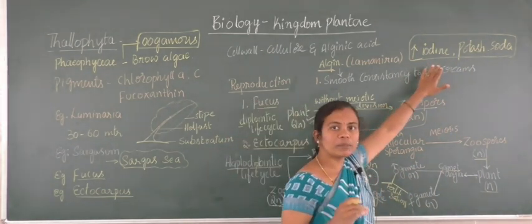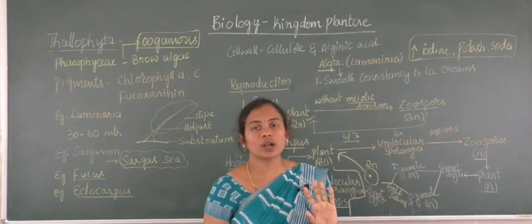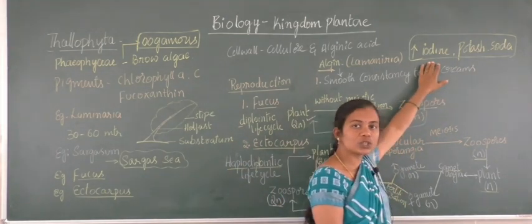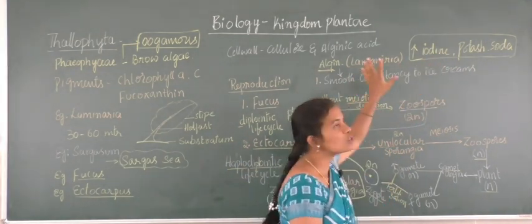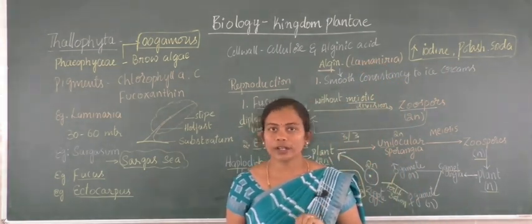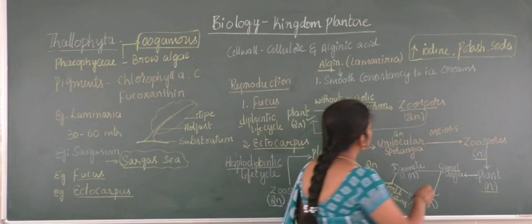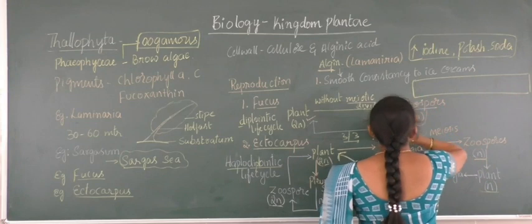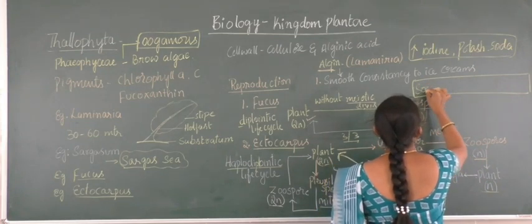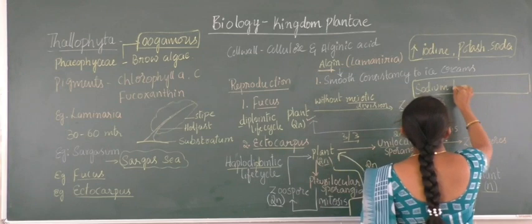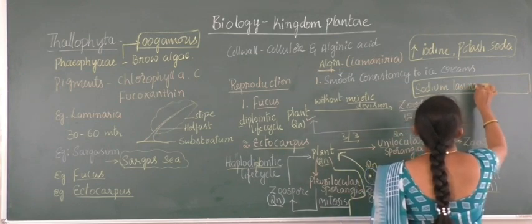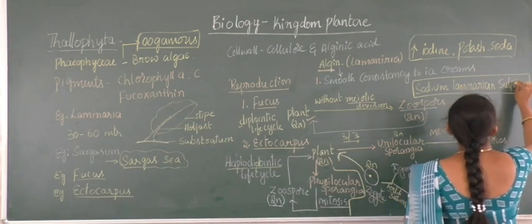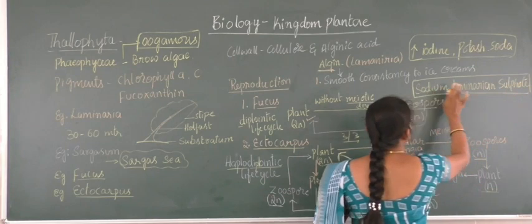If the iodine concentration is low, a disease called simple goiter occurs, like the one we call galaganda roga in Kannada. So here iodine is extracted from Laminaria for simple goiter. And one more component which can be extracted from Laminaria itself is sodium laminarian sulfate.